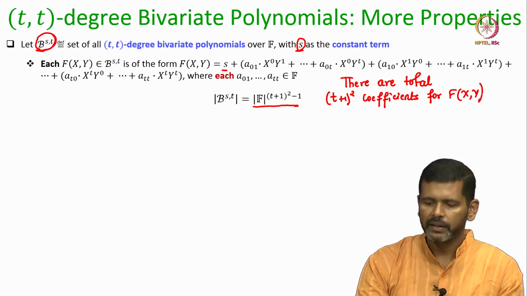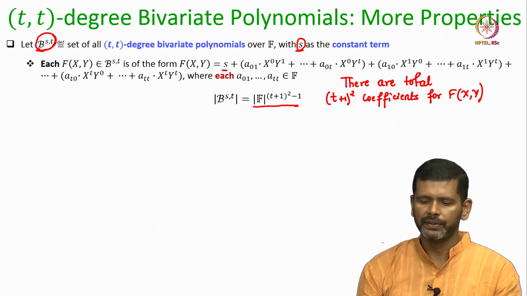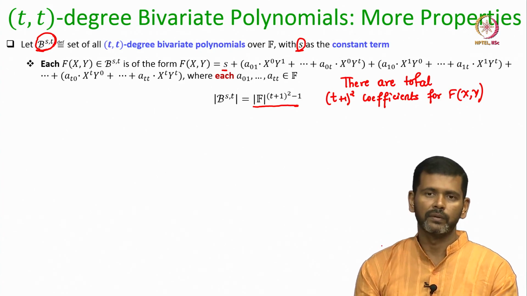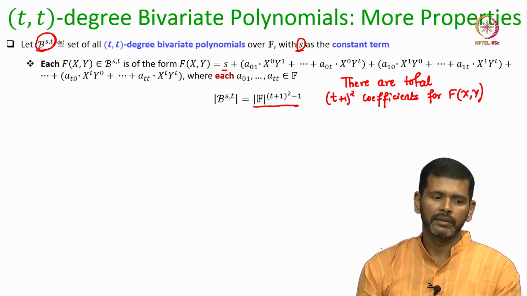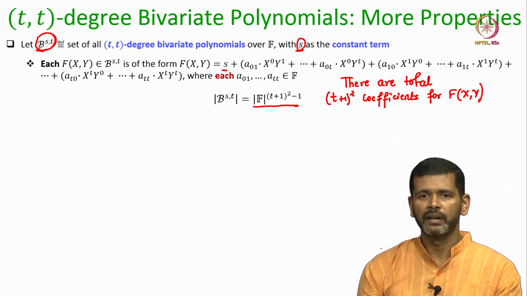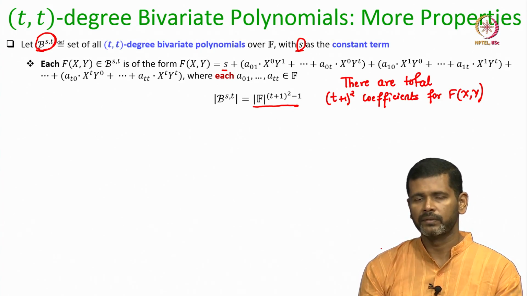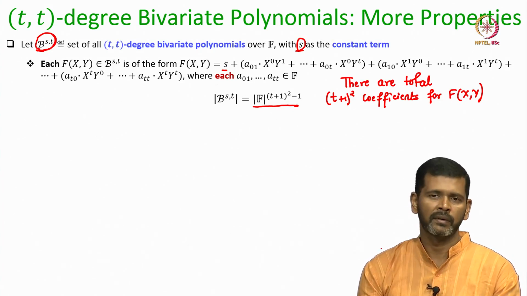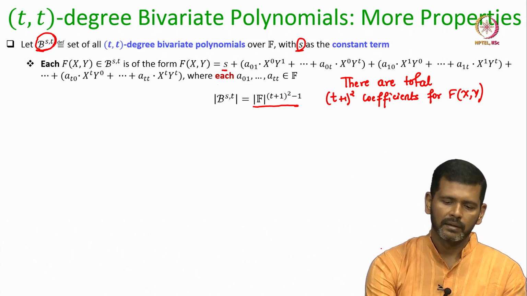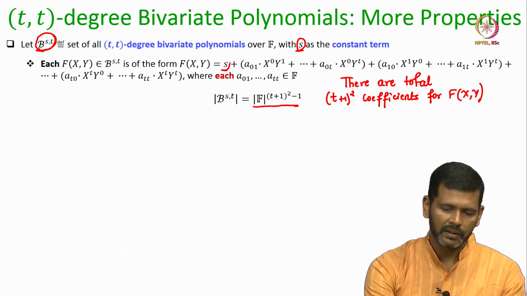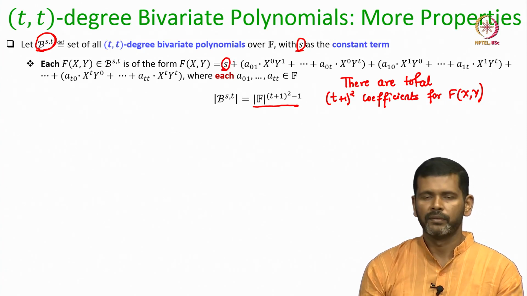If I do not put any restriction on any of these coefficients, then for the first coefficient I can choose any element from the field, and for the second coefficient again I can choose any element from the field, and like that. But the constant coefficient here is fixed to be s.